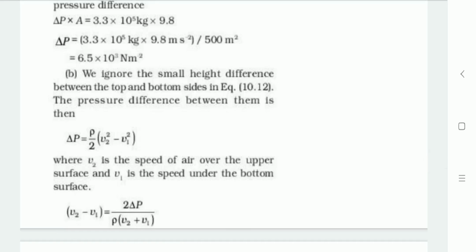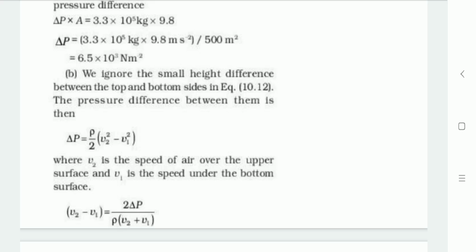V2 is the speed of air at the upper surface and V1 is the speed at the bottom surface. So V2 − V1 equals 2ΔP divided by ρ(V2 + V1). Here V2² − V1² equals (V2 − V1)(V2 + V1), and we make V2 − V1 the subject of the formula.